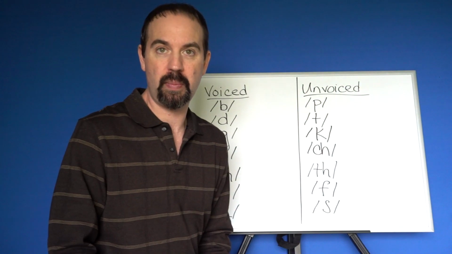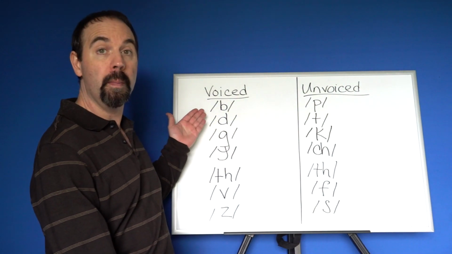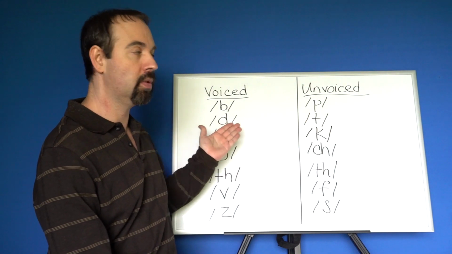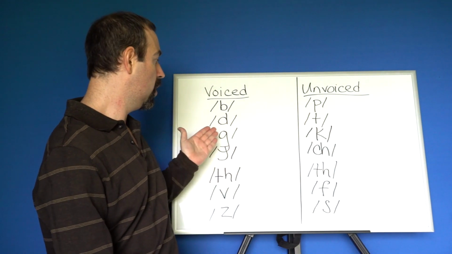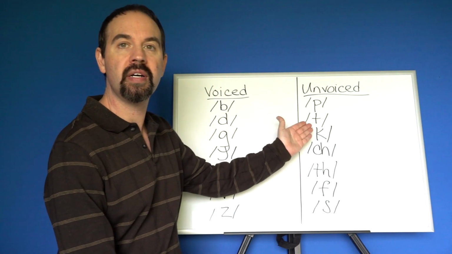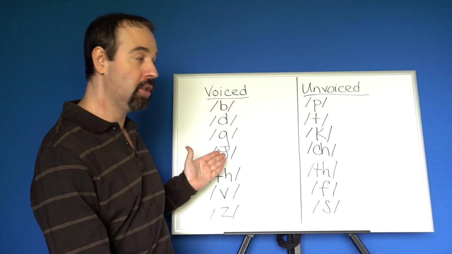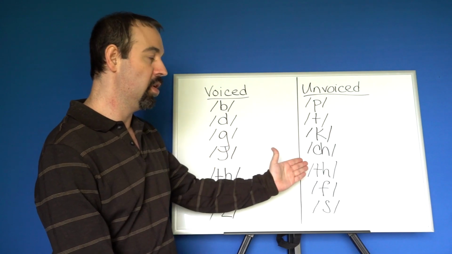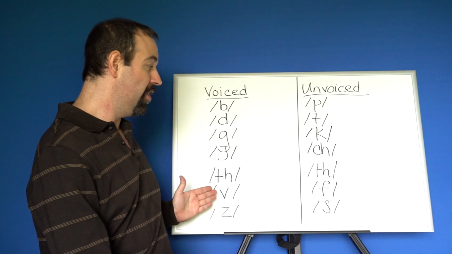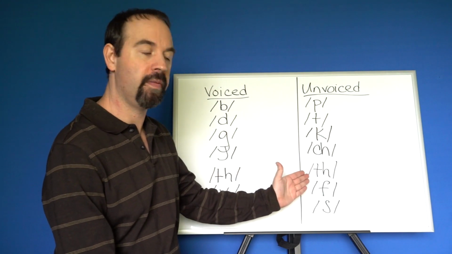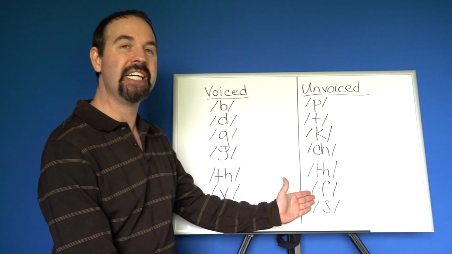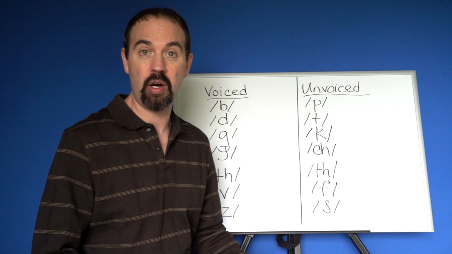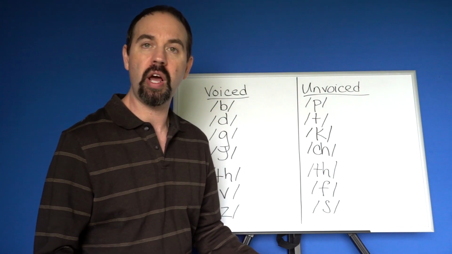Let's look at these examples. B, p, d, t, g, k, j, ch, v, f, z, s.